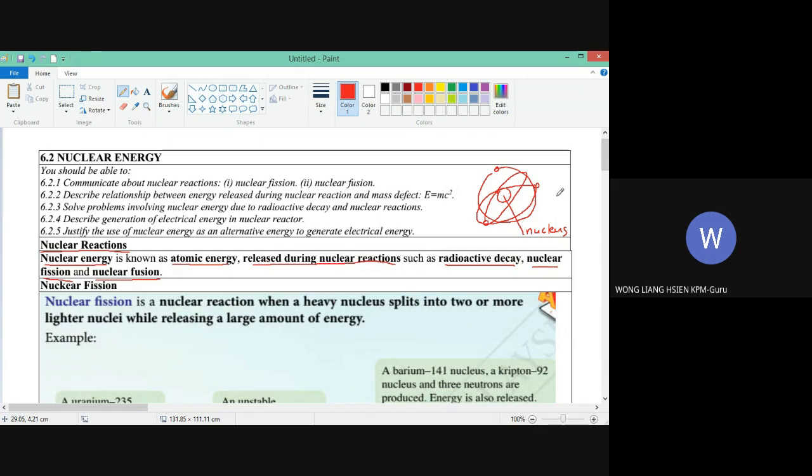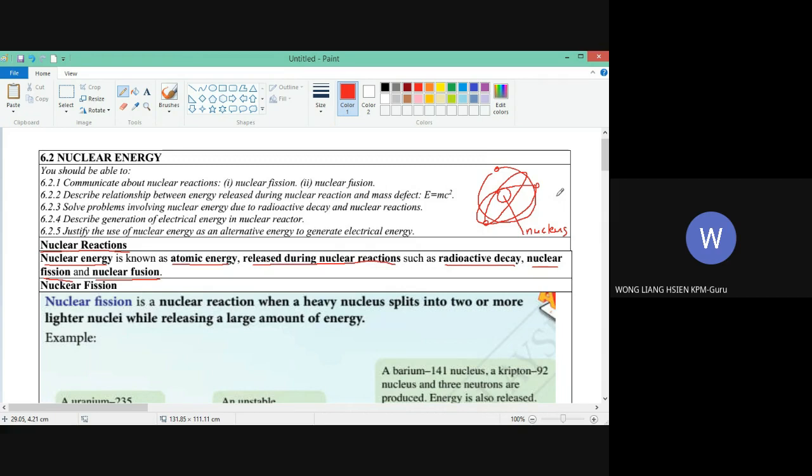If you don't need that part of energy anymore, that energy will be released. Because that energy is released from the nucleus of the atom, we call it nuclear energy. And because the nucleus is inside the atom, we also call it atomic energy. So it's the energy that comes from the nucleus, energy that comes from the atom.